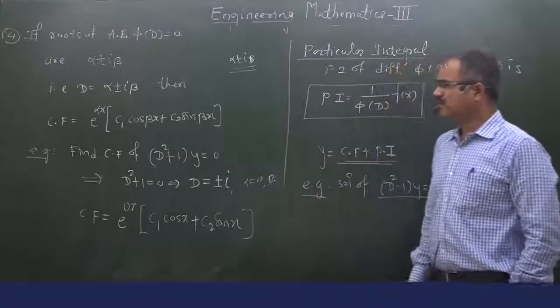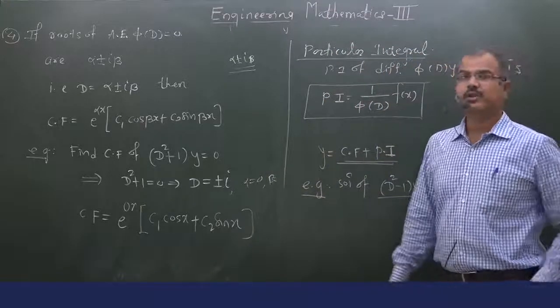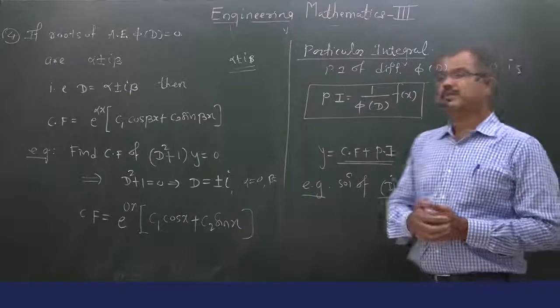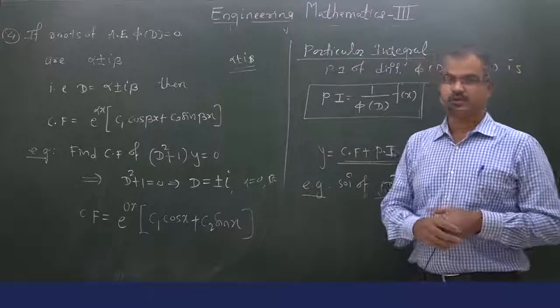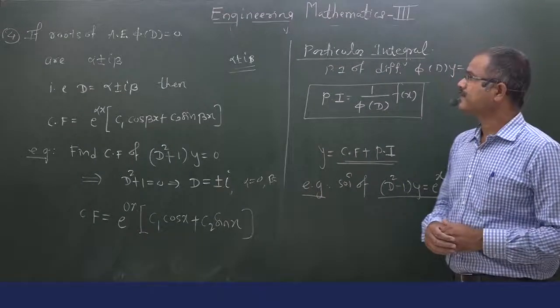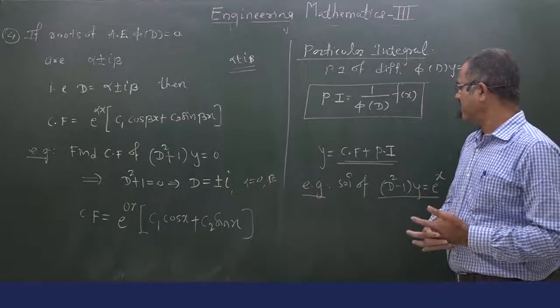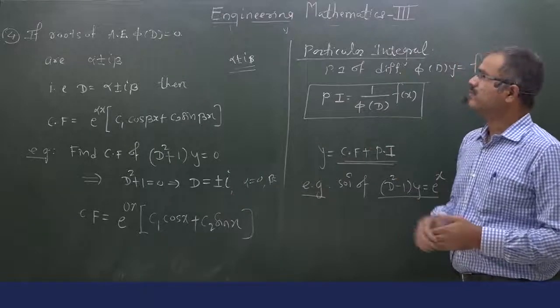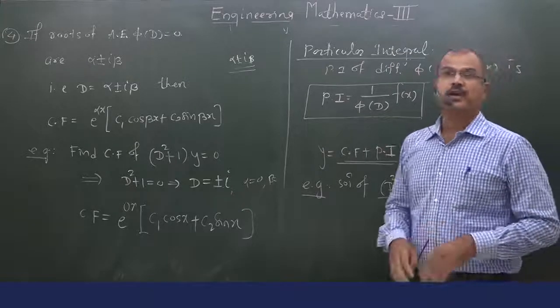With the help of these three methods, we can calculate the solution of an nth order linear differential equation with constant coefficients. Next time we will see how to calculate the particular integral of special functions. Thank you very much.